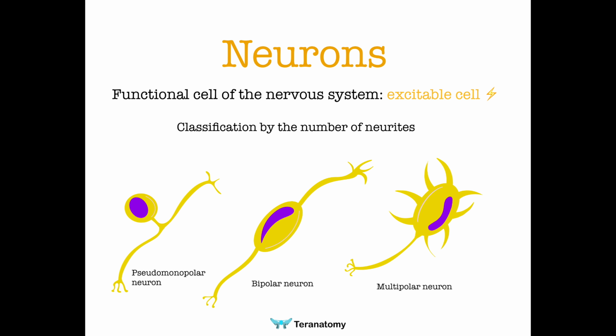These neurons have a single process that comes out of the cell body, but it quickly divides into two branches, one peripheral branch and one central branch. These are the primary sensory neurons found in dorsal root ganglia and cranial nerve ganglia. This classification is important because each neuron type is closely related to a specific functional role in the nervous system.